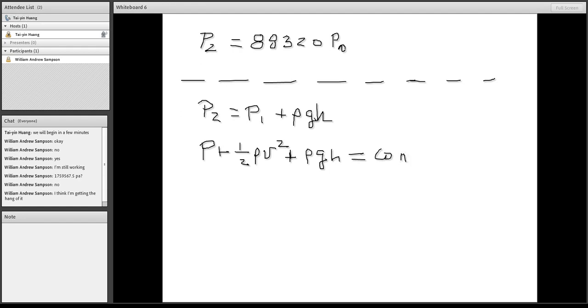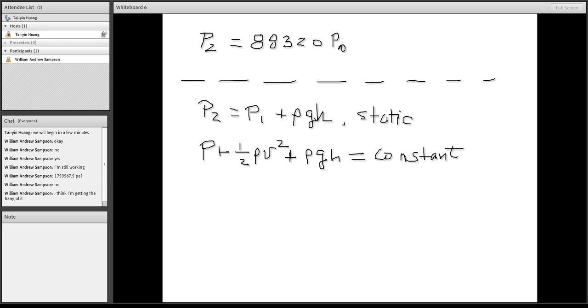So what's the difference between these two? If you compare these two, the first one here is hydrostatic, when the water does not move. When you're dealing with Bernoulli's equation, this is when the fluid actually moves. So when the fluid moves, you have this extra term, the kinetic energy, 1/2 rho v squared, that you have to take into account.